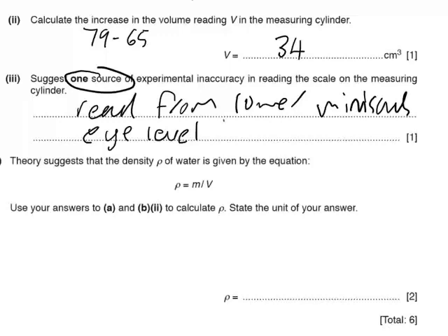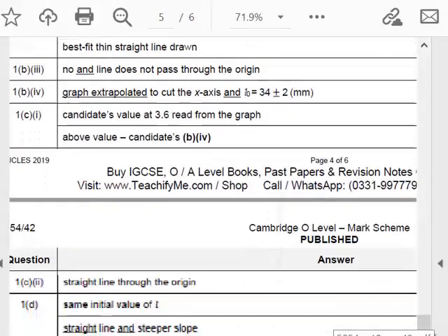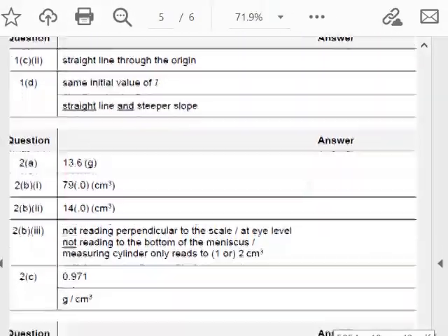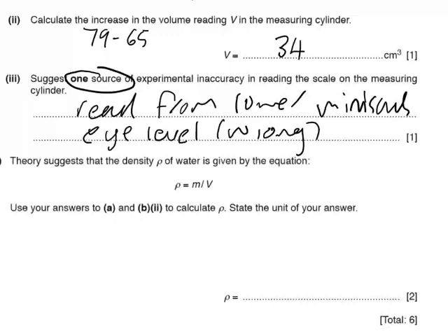So wrong eye level. Even if you look at the marking scheme, what they meant here is not reading perpendicular to the scale or at the eye level, not measured from the bottom of the meniscus. So that will be the answer. You just pick one answer.